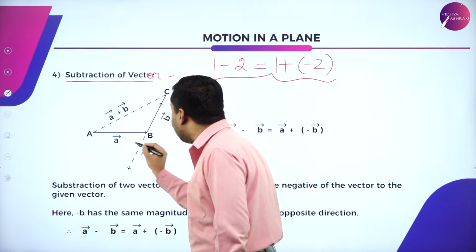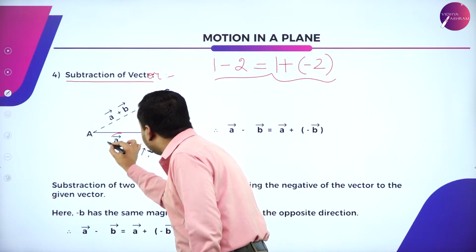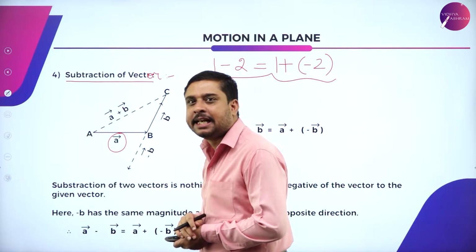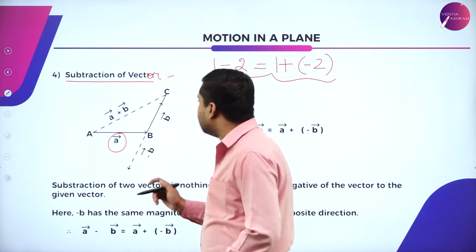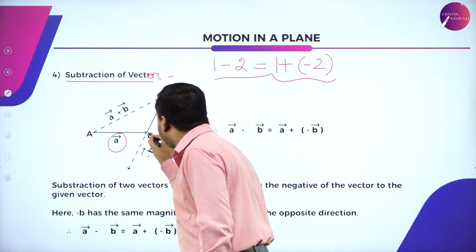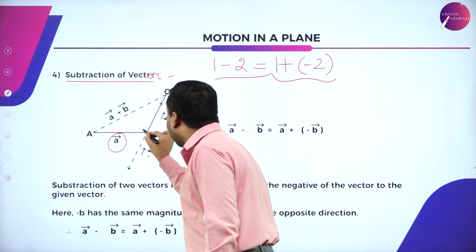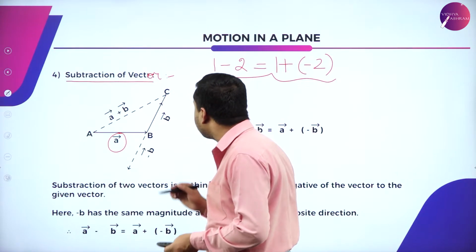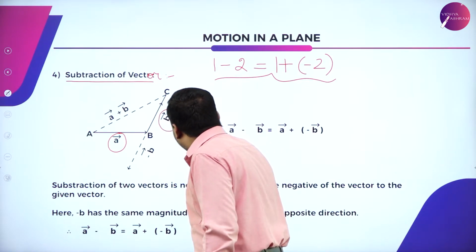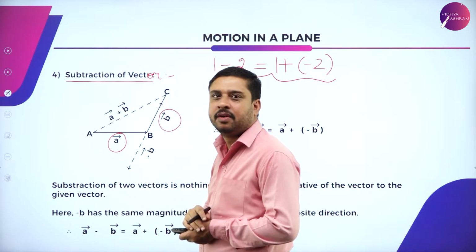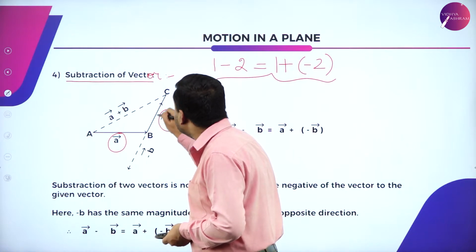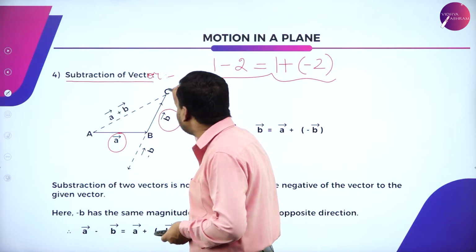Now, I consider a vector A that is represented by a line segment AB and a vector B which is represented by a line segment BC.